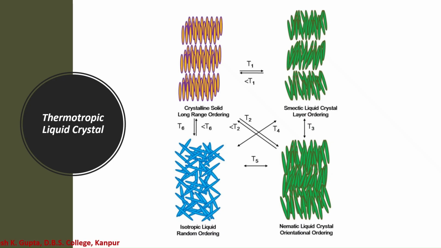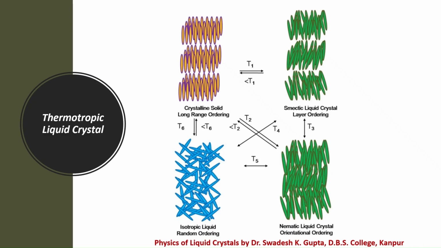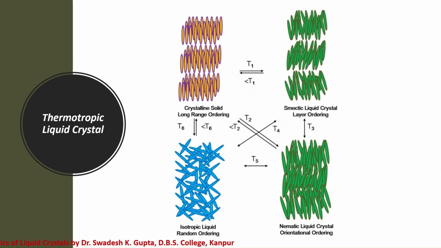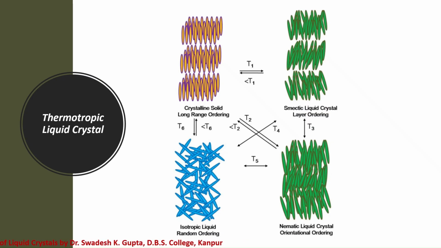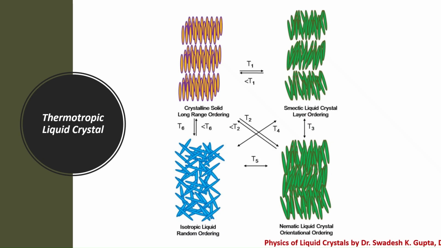These mesophases can be observed both on cooling and heating. Now, the mesophase which is observed both on heating and cooling the liquid crystal material is called an enantiotropic mesophase. However, when the mesophase appears only when cooling from the isotropic liquid, then the phase is called a monotropic phase.